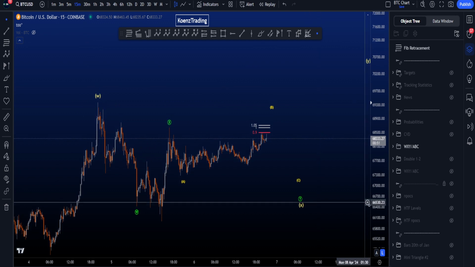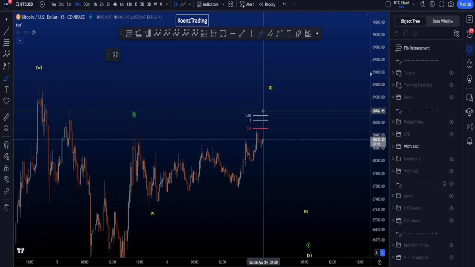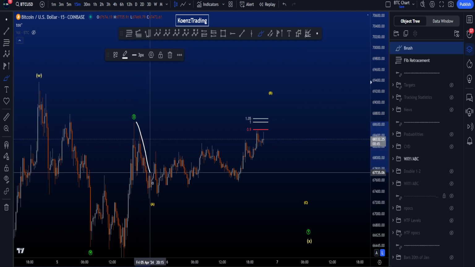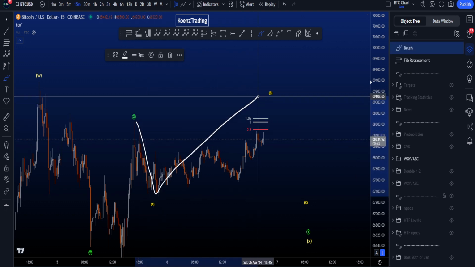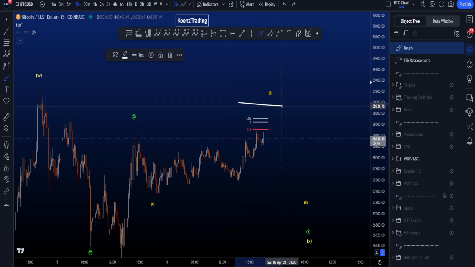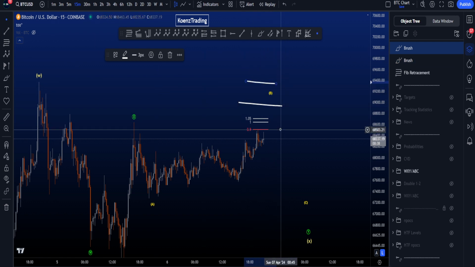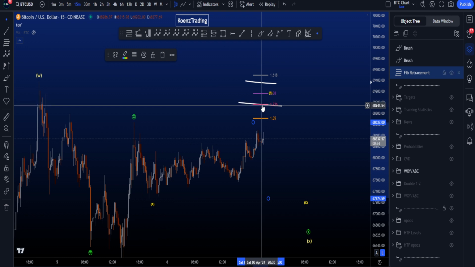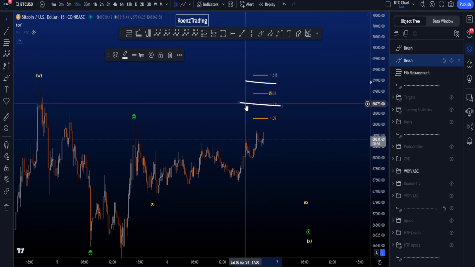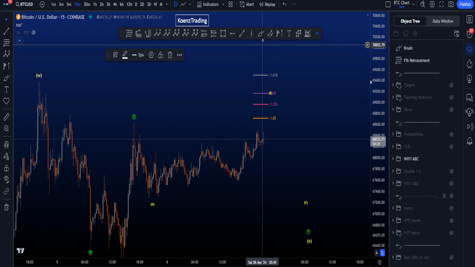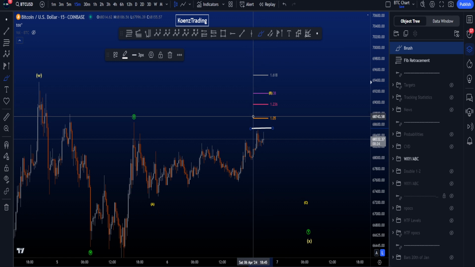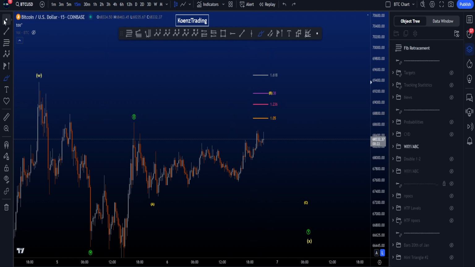So actually for a flat, we need price to go a little bit higher, and preferably, most commonly, we have a regular or an expanding flat, and an expanding flat has the most common target for B being between the 1.236 and the 1.382, and that then gives us a target which is between 68.9k and 69.2k. That is the most common flat target. A less common flat target is the 0.9 to the 1.05, which is just above price, as you can see.